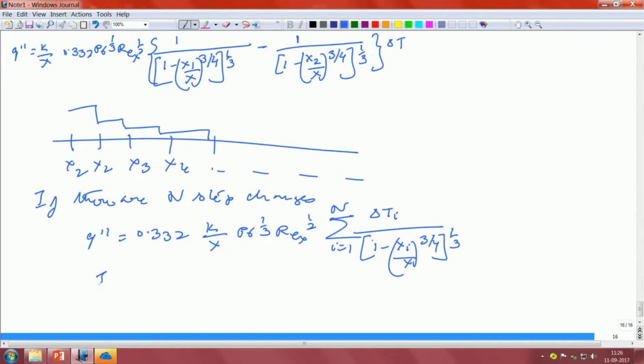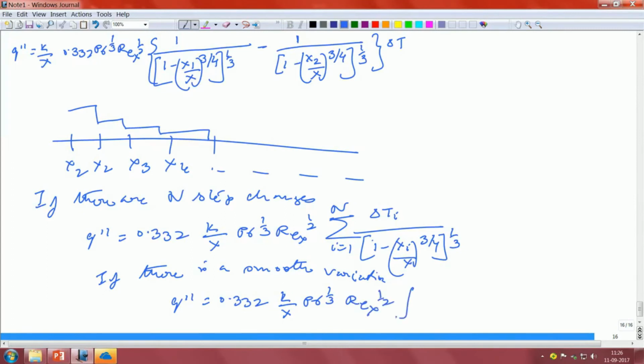Okay, now if there is a smooth variation, q double prime will be given as 0.332 k by x, Prandtl number to the power of 1/3, Reynolds number x to the power of half, integral from 0 to x of dT0 by d eta, d eta. This eta is the dummy variable, okay, 1 minus eta by x, this is only raised to the power of 3/4, and add 1/3 to the top of that, right.